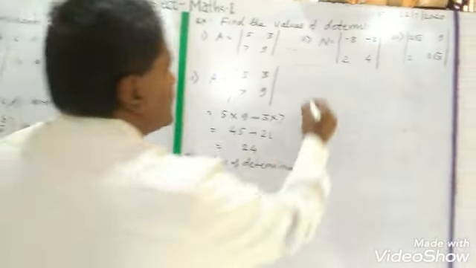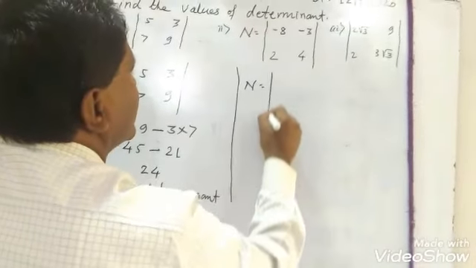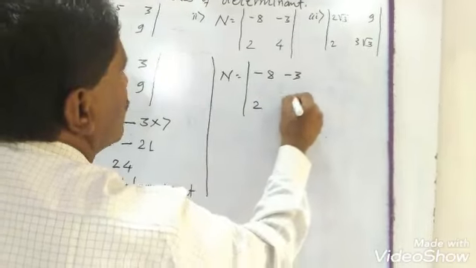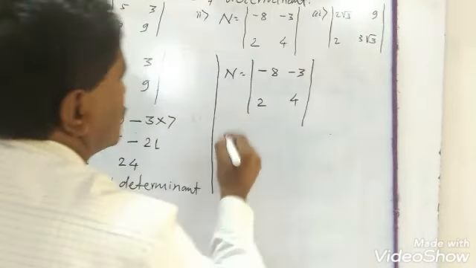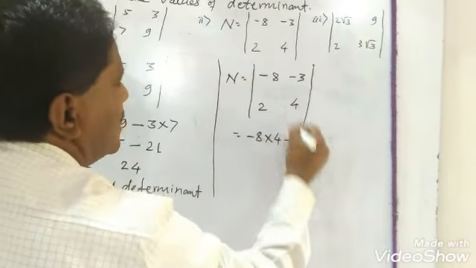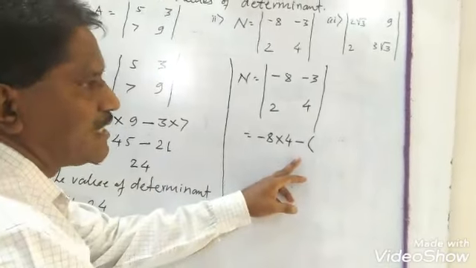Second example, A is equal to determinant of order 2 -8, -3, 2, 4. Clear? So therefore that is -8 multiplied by 4 minus in bracket -3 multiplied by 2. मायनस चिन्हासमोर येणारं पद जर मायनस असेल तर कंसात टाकायचं.